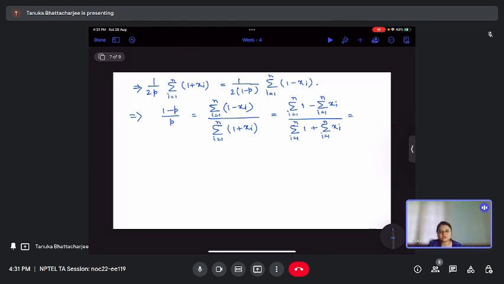So we are adding 1 for n times, so we will get n minus the summation of xi over i equal to 1 to n, and in the denominator similarly we have n plus the summation i equal to 1 to n of xi.